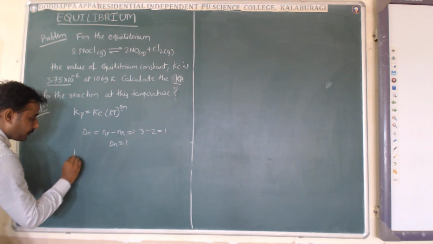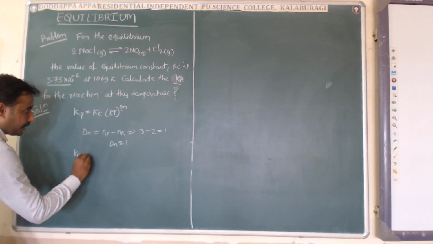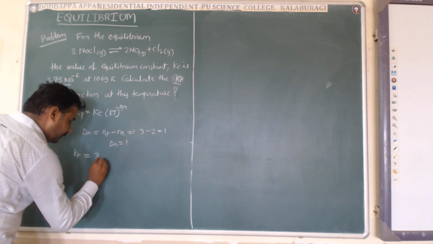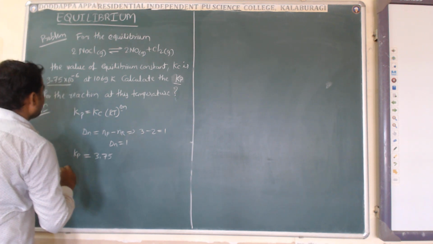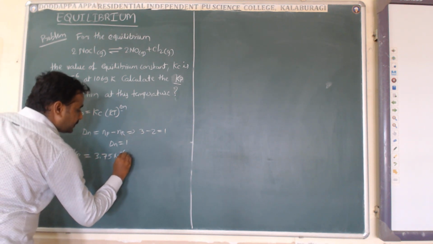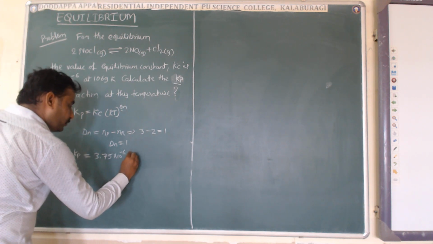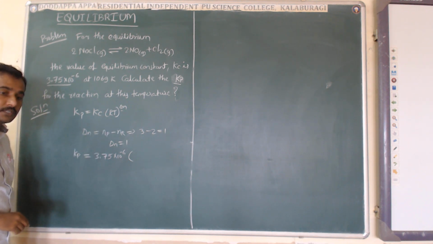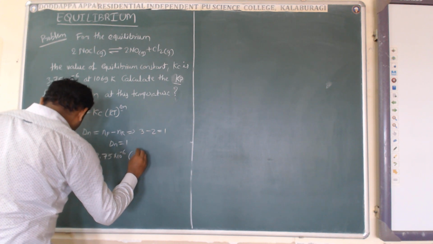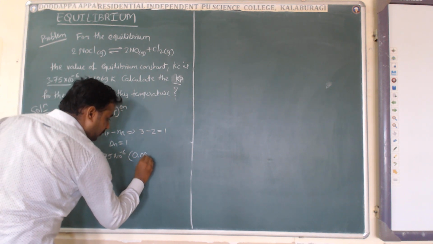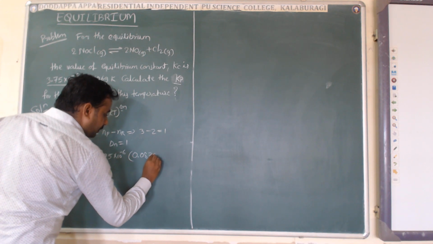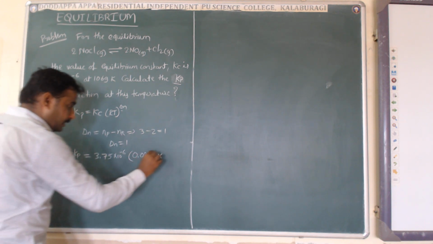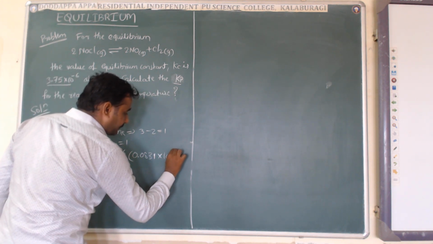You have to find Kp, so write Kp is equal to Kc, the value they have given here, 3.75 into 10 raised to minus 6, into R, the gas constant value which you already studied, 0.0831, into the temperature, 1069.